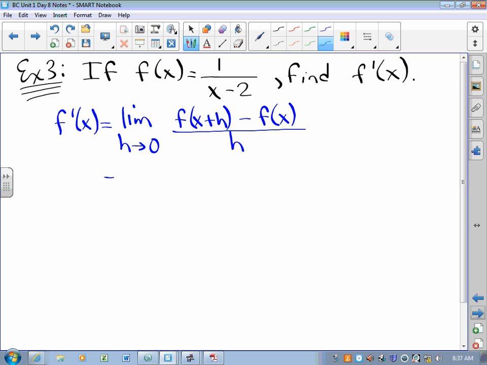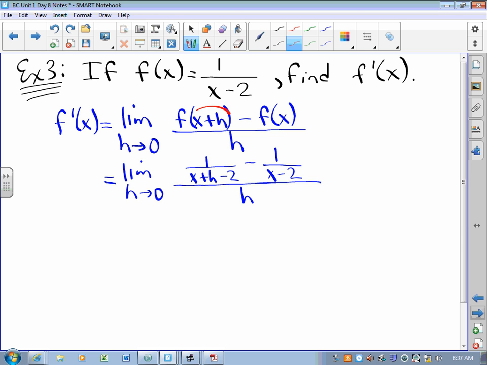And algebra comes to the rescue here. It usually does. f of x plus h minus f of x over h. Again, how do I find f of x plus h? I substitute the x plus h where the x is. So now I've got to remember what to do when I've got fractions within fractions.